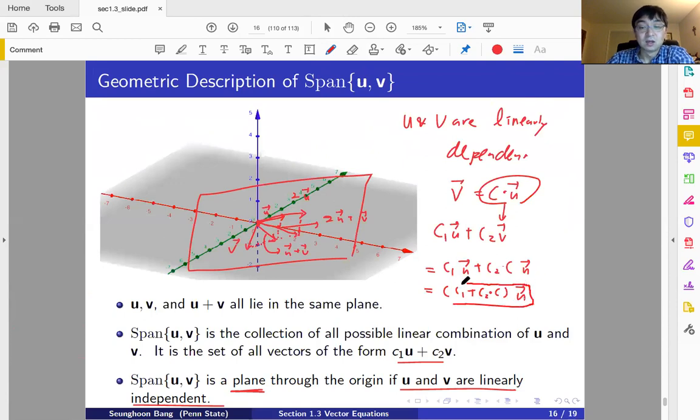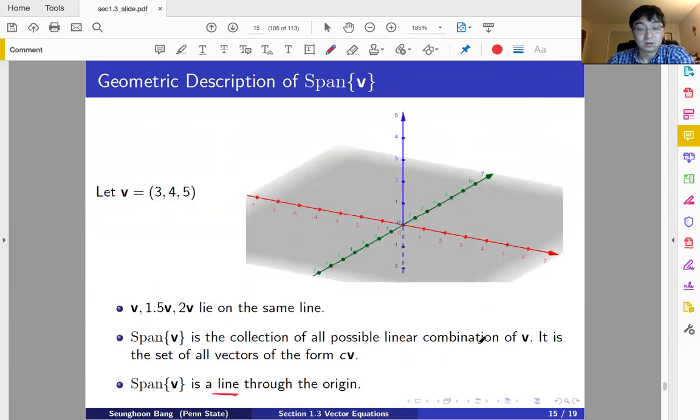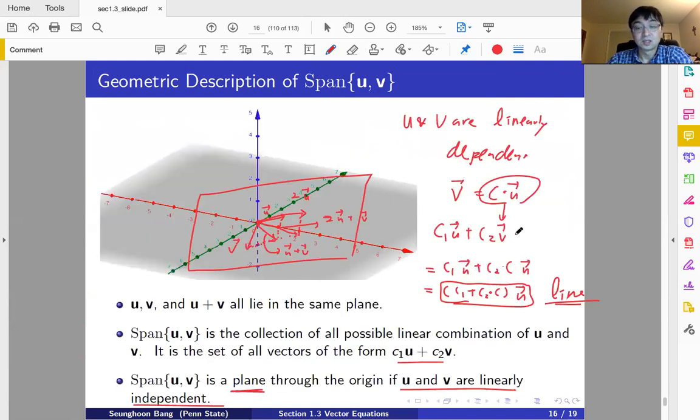Exactly a constant times vector u. What's that? This is a line. Remember the previous one? A constant times one vector is just a line, passing through the origin. This is a very important result. If linearly independent, yes, we have a plane.